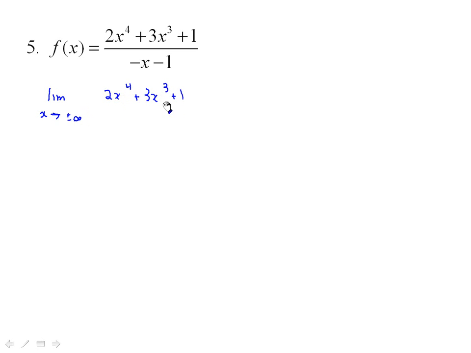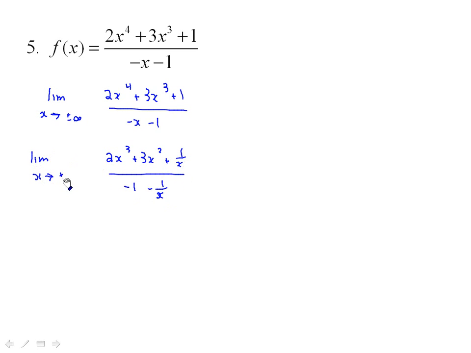We divide by the highest power of x in the denominator, which is just x to the 1, so that's going to be 2x to the 3 plus 3x squared plus 1 over x, and then x divided by x is 1, so negative 1 minus 1 over x.